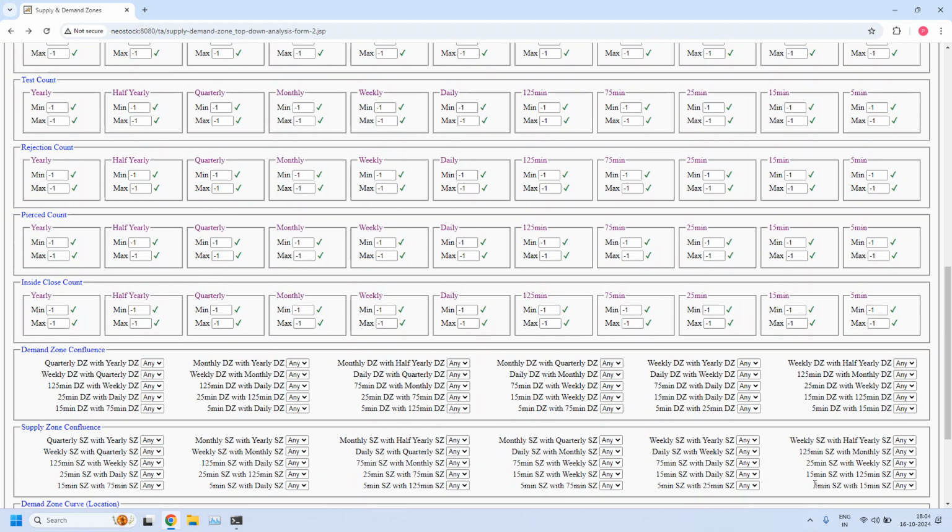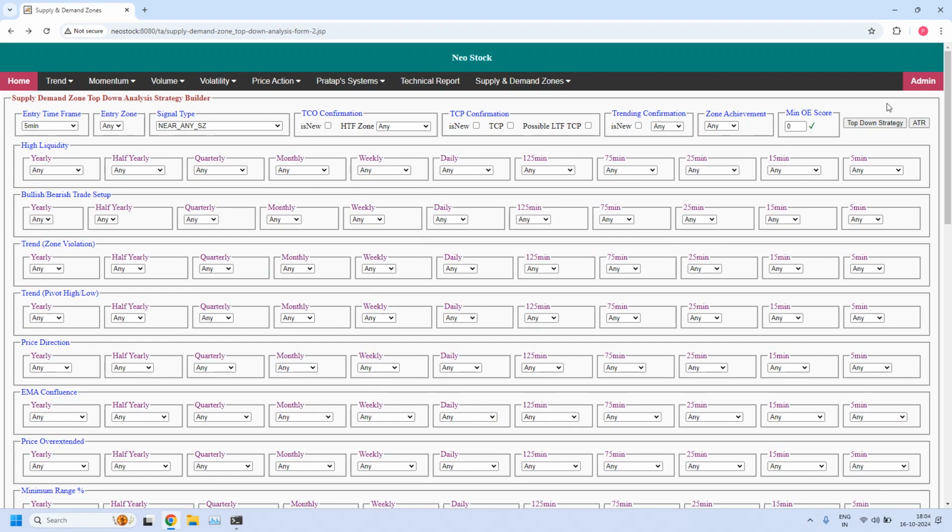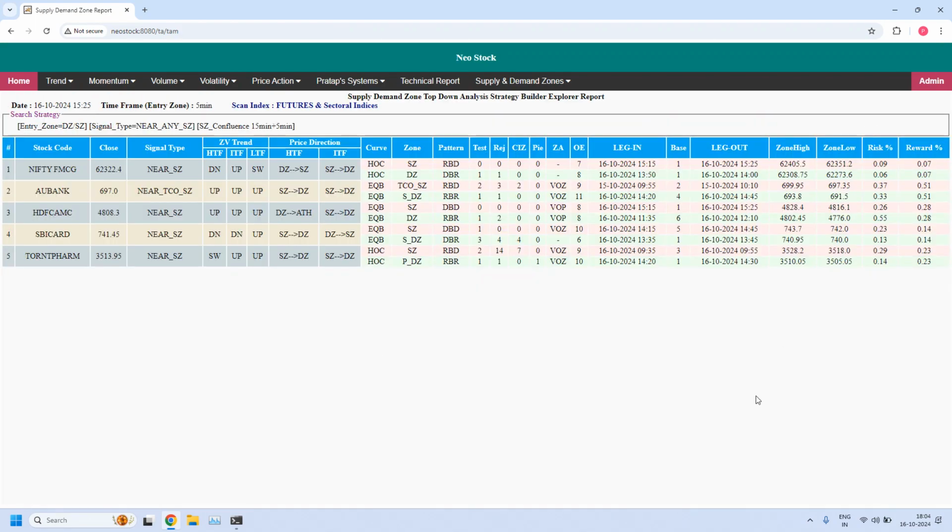I am enabling that filter. Now let's verify. These 5 stocks are filtered. So these 5 supply zones are part of the 15 minute supply zone. That is zone confluence. So this is about stocks near demand and supply zones for different time frames. We also identified daily and 75 minutes high liquidity zones.